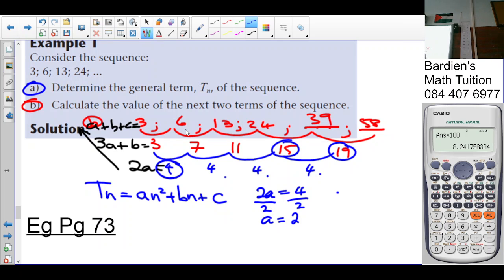You see here? 3a plus b is equal to 3. So what do I write here? 3, what's my a value? 2 plus b is equal to 3. So solve for b.